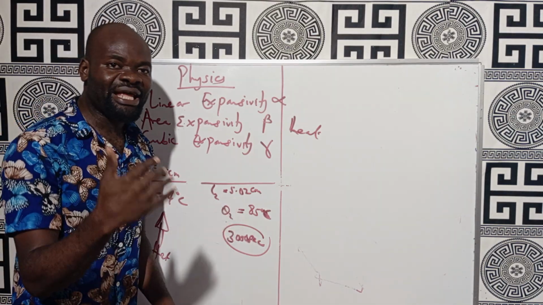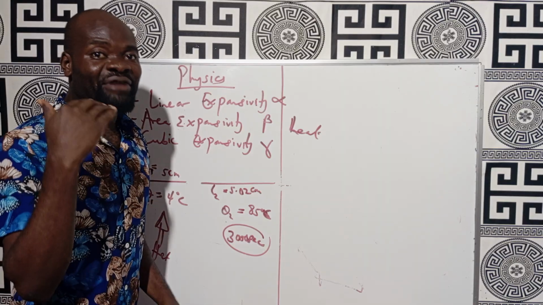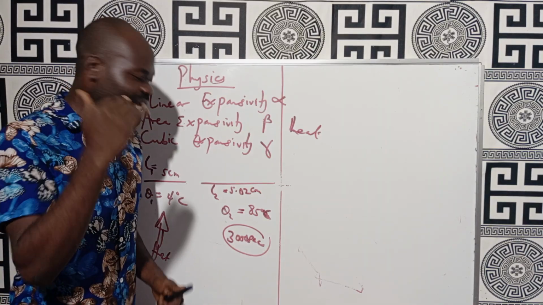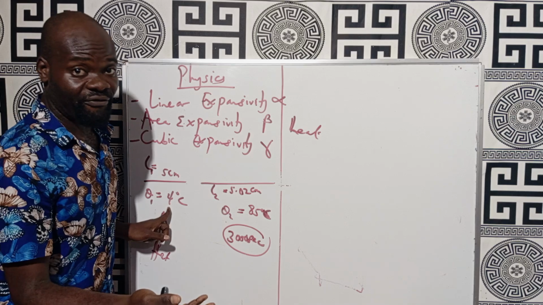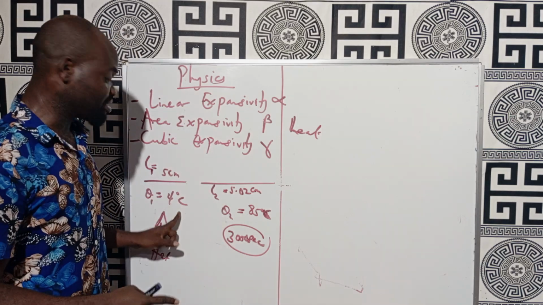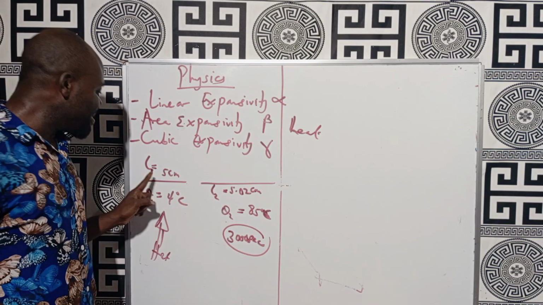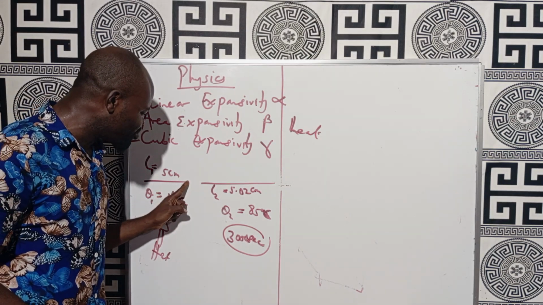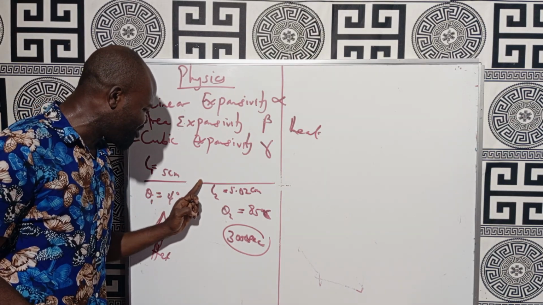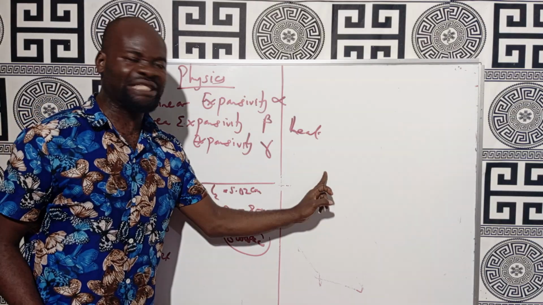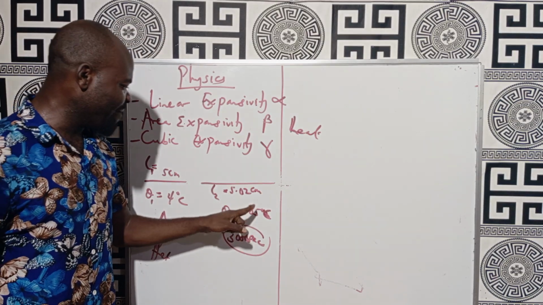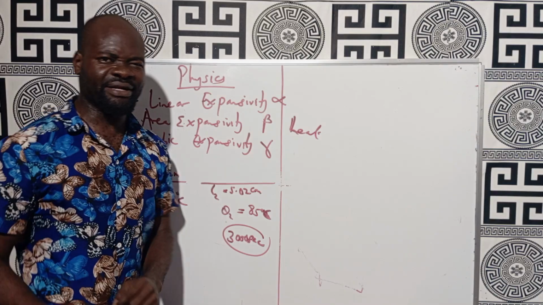That means as the temperature is increasing, from 4 to 5 Celsius, 6, 7, 8 Celsius, the length is also increasing gradually by small amounts until it becomes the whole length when you get to 85 degrees Celsius.